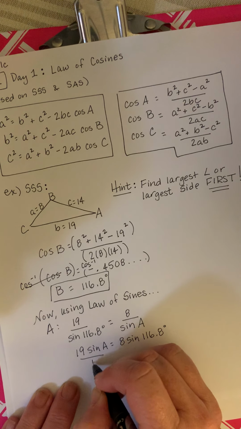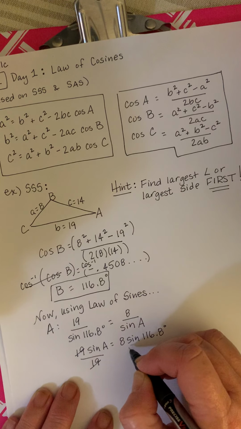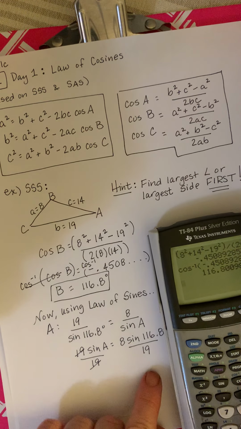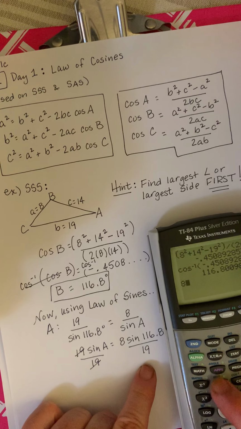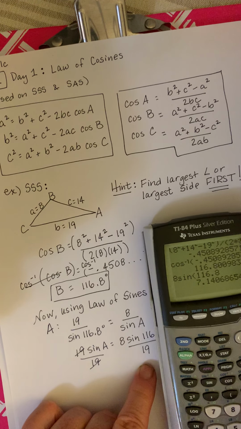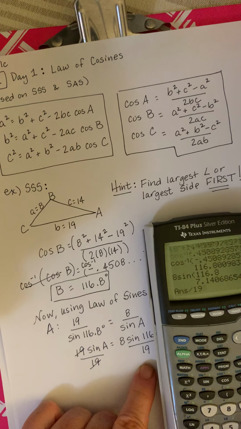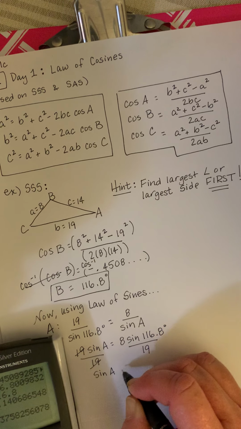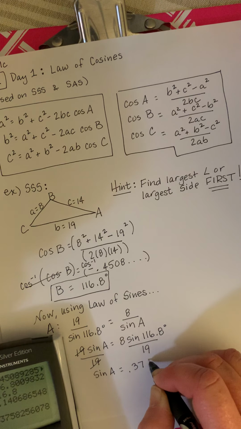And I'm going to divide both sides by 19 so that I can get the sine of A by itself. Okay, and I'm going to do 8 sine of 116.8. I'm going to hit enter or end my parenthesis, either way. I'm going to divide by 19, and the sine of A is equal to this.